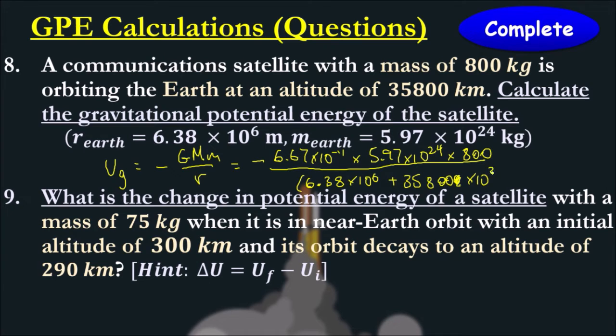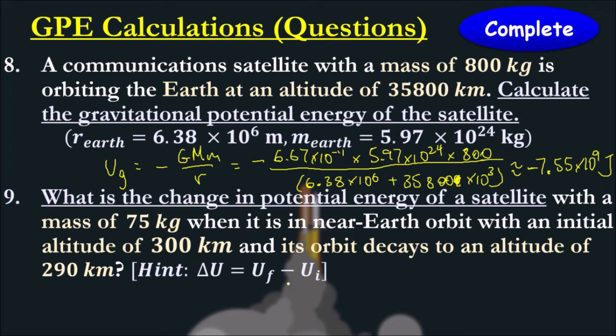And we get a value of approximately negative 7.55 times 10 to the power of 9 joules. Okay, so there's that one done.